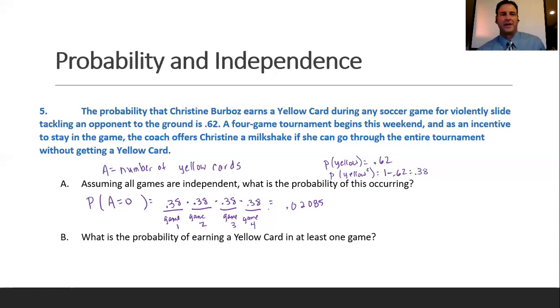Now here's the last thing. It says, what is the probability of earning a yellow card in at least 1 game? So the probability that A is 1 or more. Now here's the challenge. I'm going to do this off to the side here. These are the number of yellow cards that she can get.